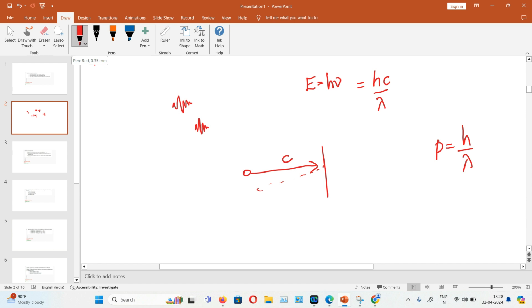Similarly, Newton's third law of motion says that if an action force is applied, there should be a reaction force also. So if somebody applied a force on the photon, the photon also applied some force on the other particle.